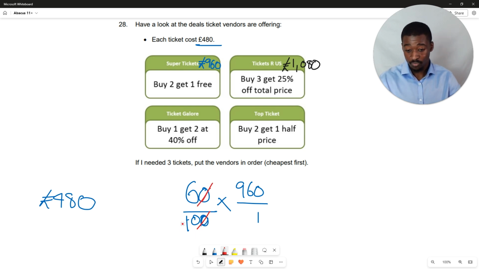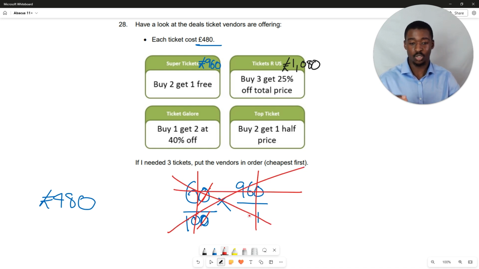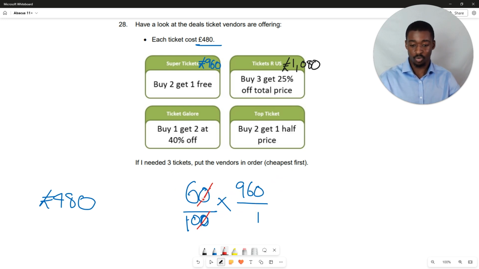Then we can also take out the common factor of 10 across this diagonal. Because remember, we can only take out common factors across the verticals here or the diagonals here. We can't do it horizontally. So we have 60 over 100. Those two zeros can cancel. Then here we can cancel out these two zeros. And we're left with 96 times 6, or 6 times 96. That's how much we're paying.